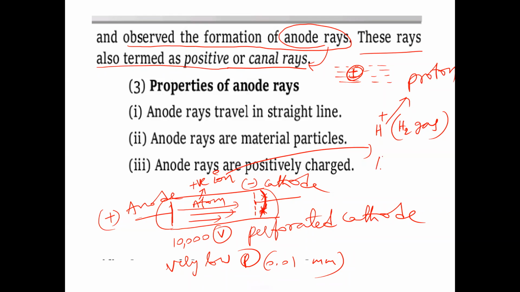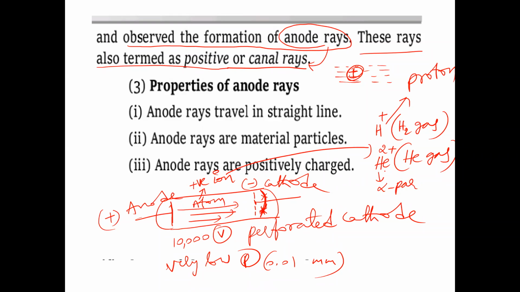Suppose you take helium gas; the helium ion present as a positive ion will be He plus 2. When we take helium gas in the discharge tube, the anode rays contain He plus 2. This He plus 2 is called an alpha particle.